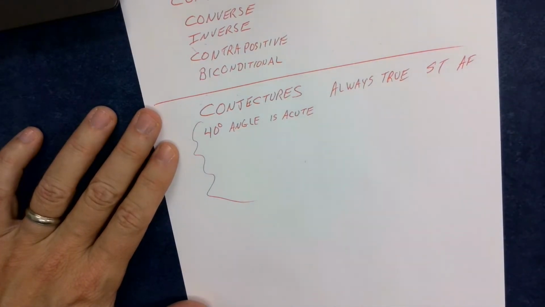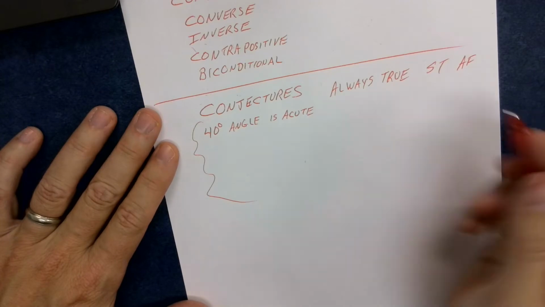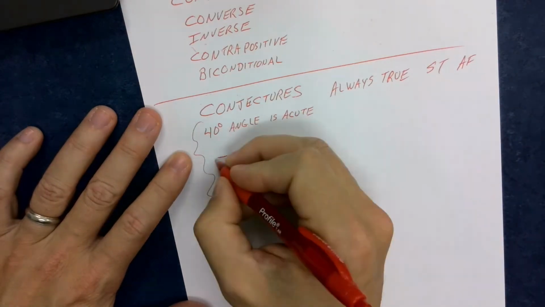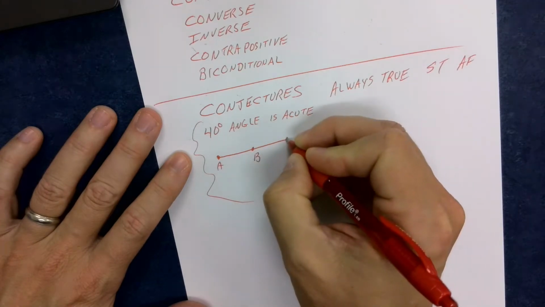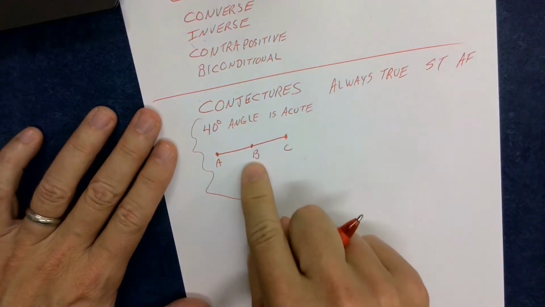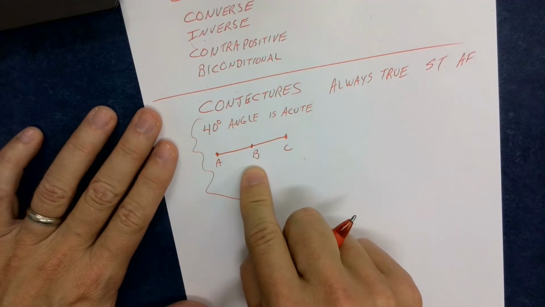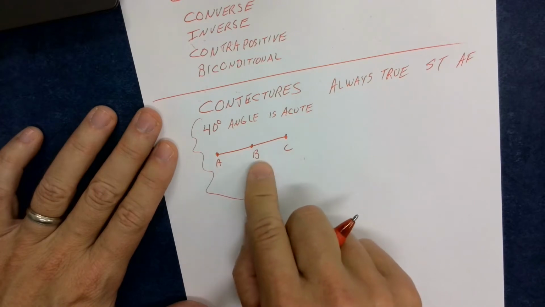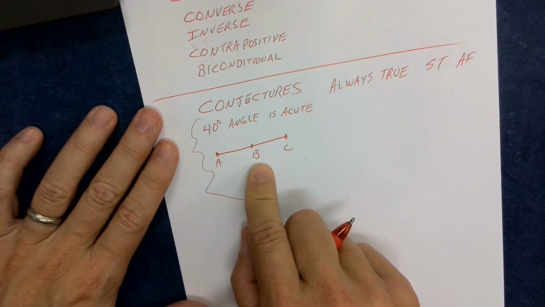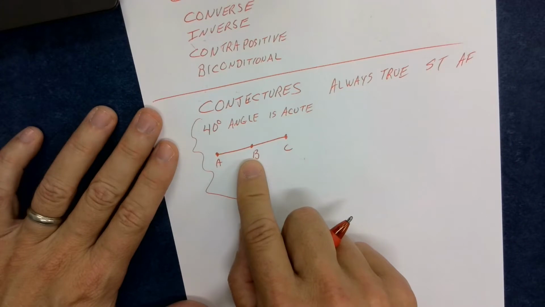For instance, if I had A, B, and C, and I said B is the midpoint of AC, all I know right now is that B is between them. So in this case, I would have to say that sometimes it's true that B could be the midpoint of AC.